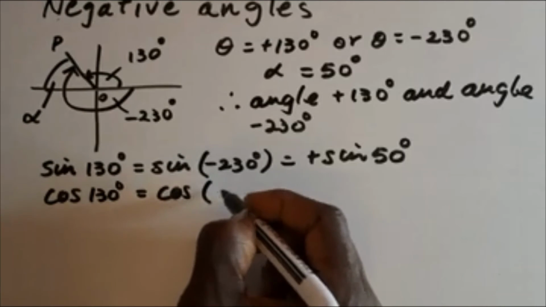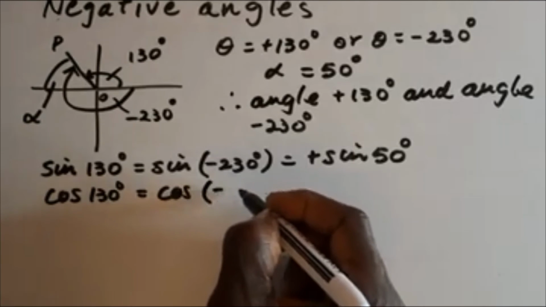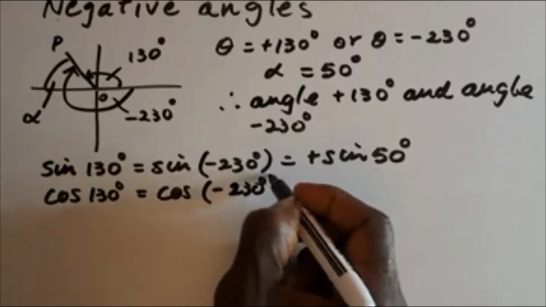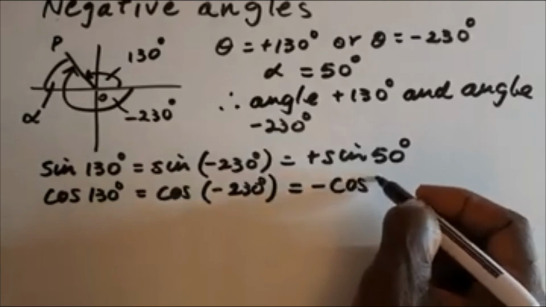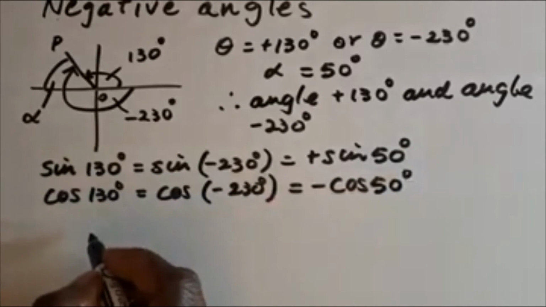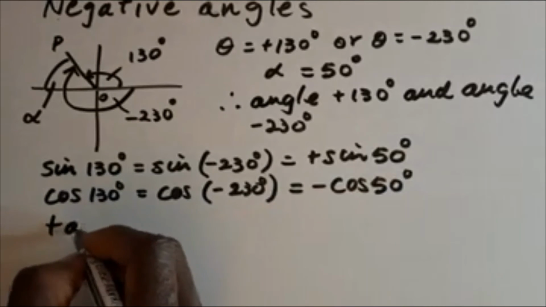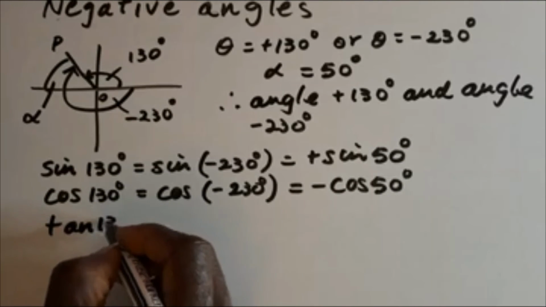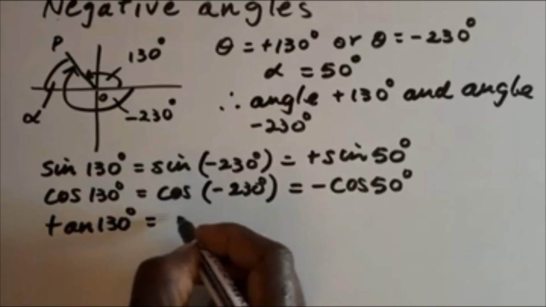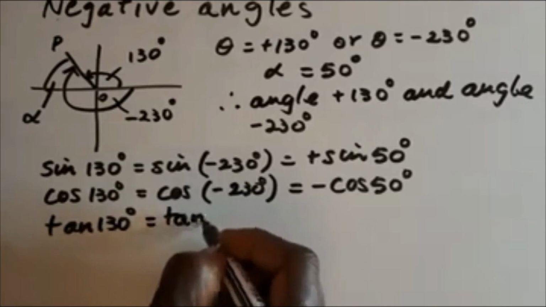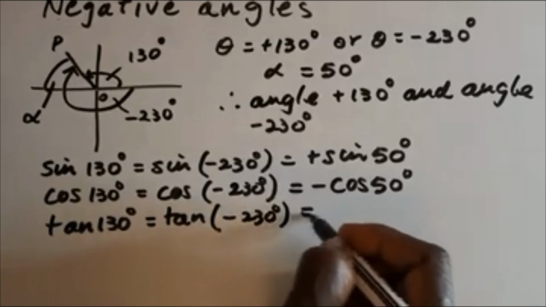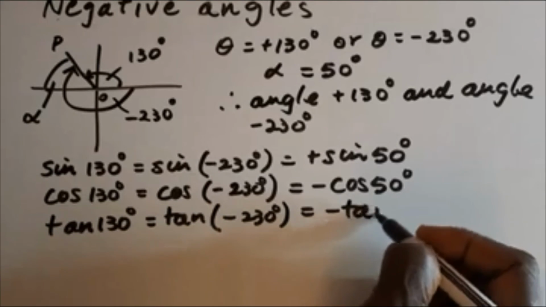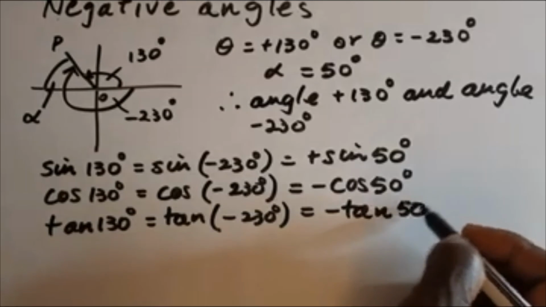Cosine would be negative, minus cosine 50. We have tan is also negative. Tan minus 230 is equal to minus tan 50.